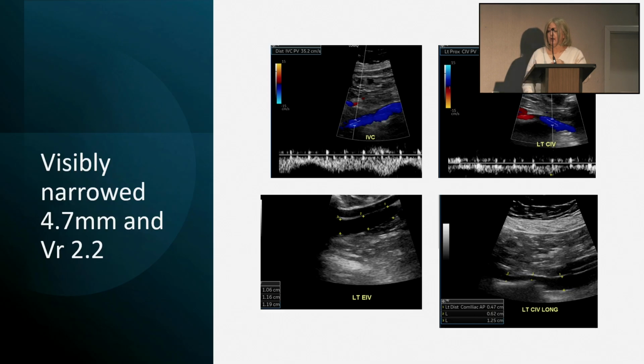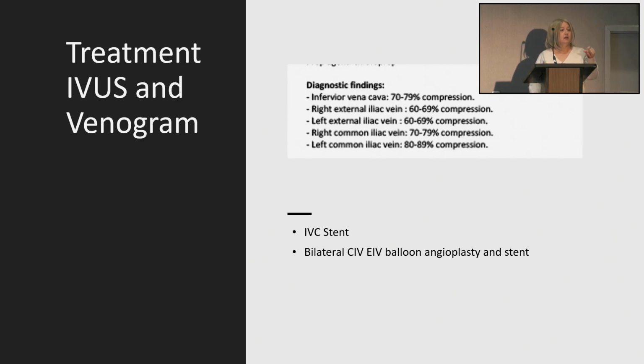So that was the right. Over on the left, it was very much visibly narrowed there, at 4.7 millimeters, but the VR was only 2.2, but obviously visibly narrowed, consistent with left common iliac vein compression.